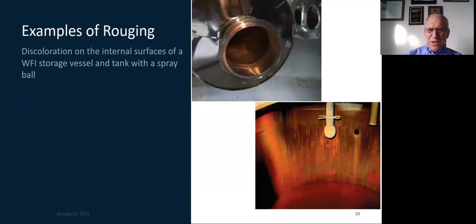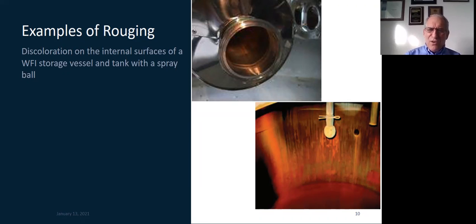This one over here in particular, as you can see from a WFI water tank at the top and a WFI water vessel with a spray ball in the bottom, the rouges can get very extensive over time, and the color itself can be very, very intense. The point is that color is not necessarily indicative of the amount of rouge that could possibly flake off or get into your product.